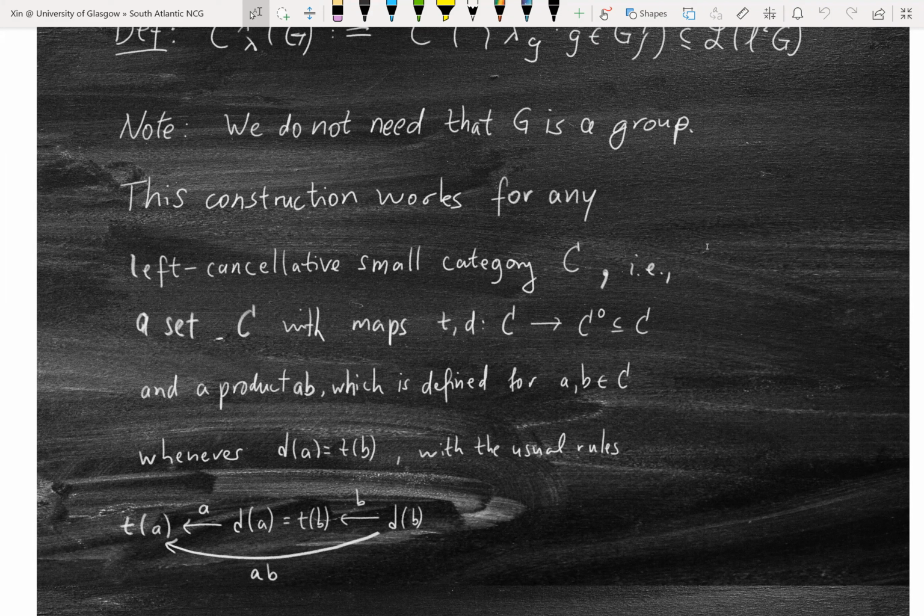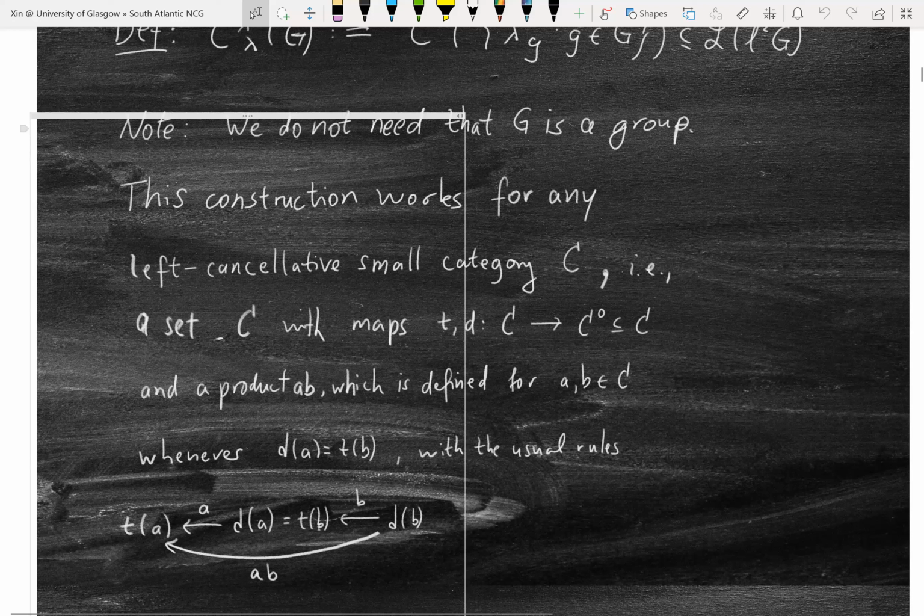And you view an element in C as an arrow pointing from the domain to the target. And then on this set there is a multiplication defined, but it's only defined when the two arrows can be concatenated. So if the domain of one is equal to the target of the other, you get a picture like this, and the product you think of as concatenation of these arrows.